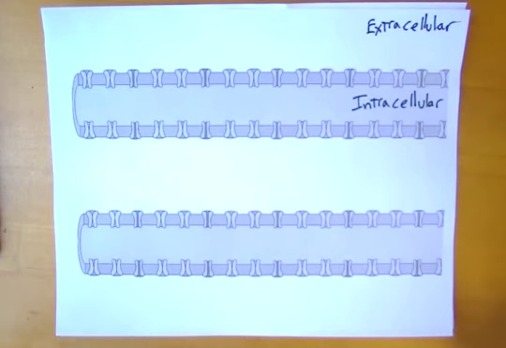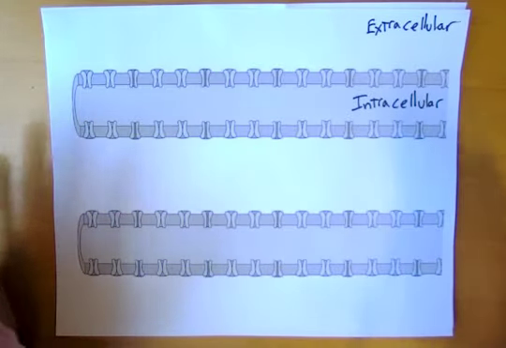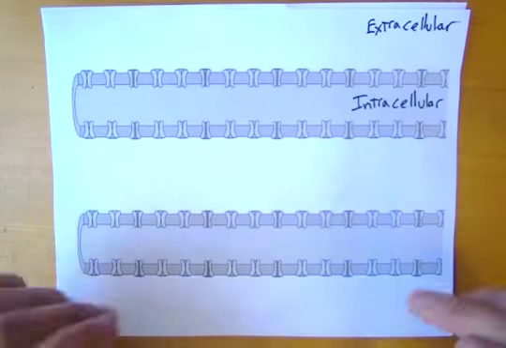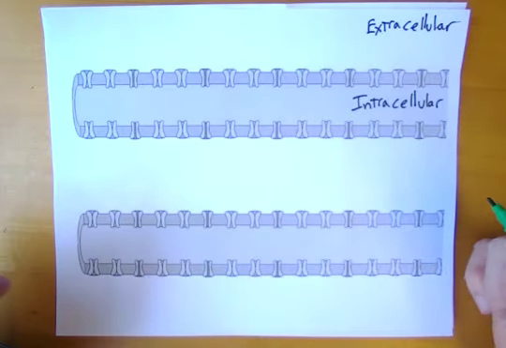Hello class, let's talk about sort of a gross anatomy of the action potential in the axon. So here we have our cross-section of our squid axon, very simplified here.